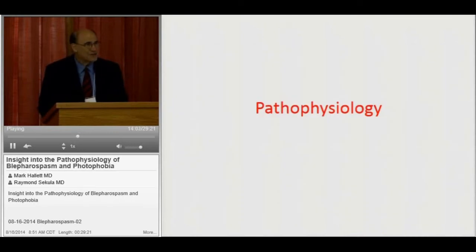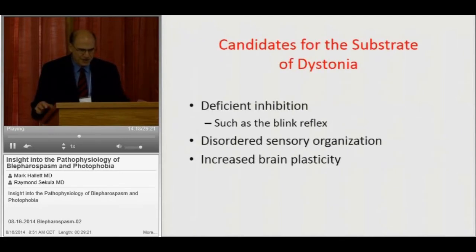Now, the pathophysiology of blepharospasm, I think, is a little bit clearer in terms of the types of physiological derangements that lead to the closing of the eyes. This has been studied for a number of years, and I think we do understand a number of features there. And there are at least 3 types of physiological abnormalities. One is a loss of inhibition in the brain.